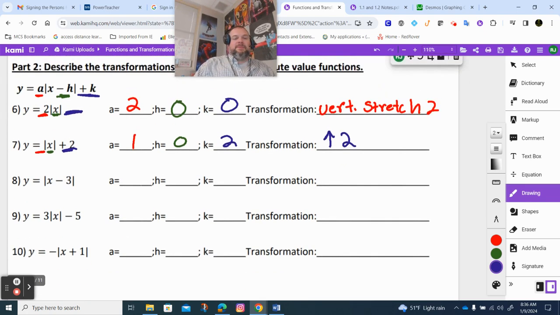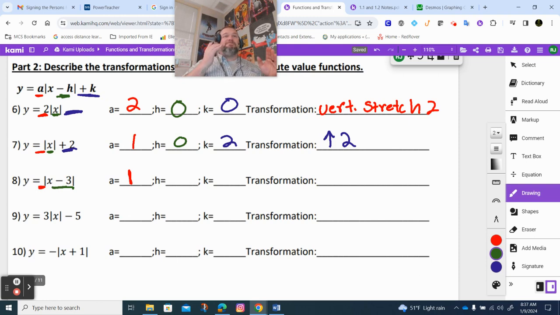All right. Number 8. There's not a number there, but what's understood to be there? Yes. All right. Now we finally have a number on the inside. And remember, this is the opposite.